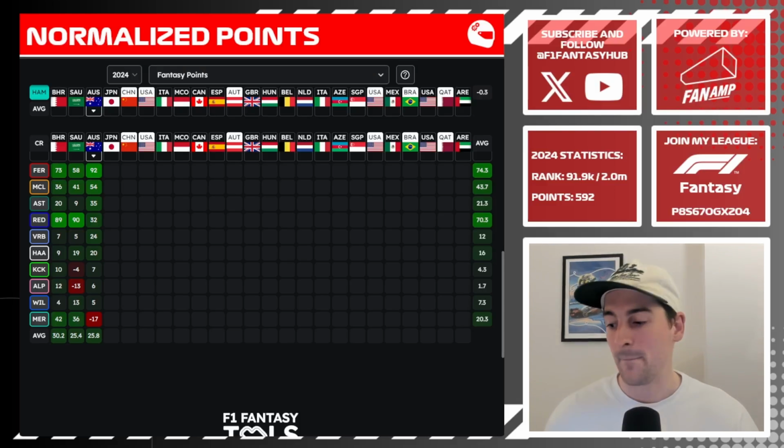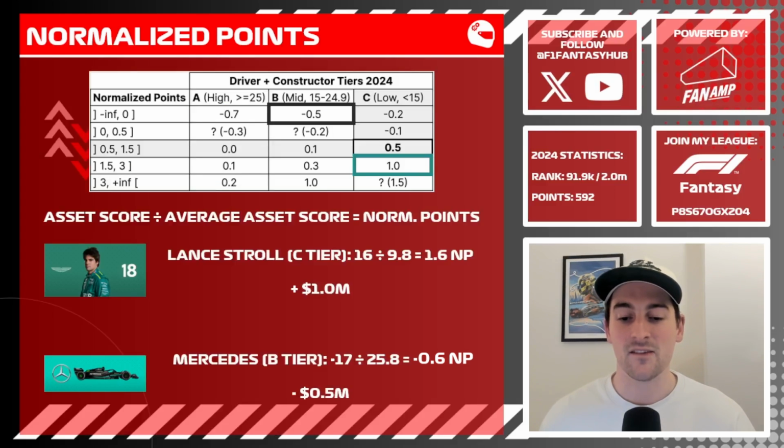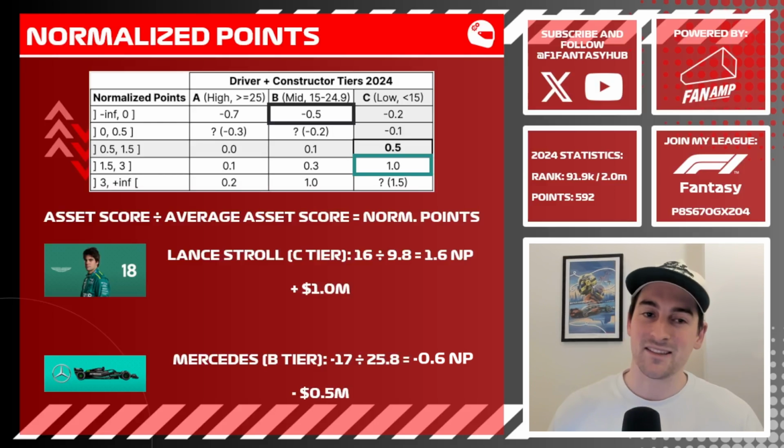So if we come back to my screen here, you can see Mercedes minus 17 divided by the 25.8 equals negative 0.66 normalized points, which if we come across to the normalized points table, Mercedes as a B tier asset received a 0.5 price decrease as their normalized points were less than 0. So hopefully that makes general sense.